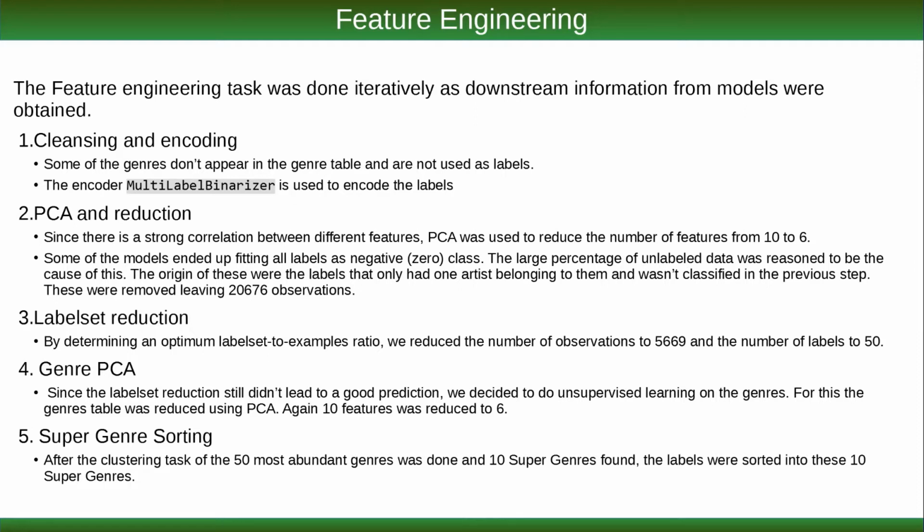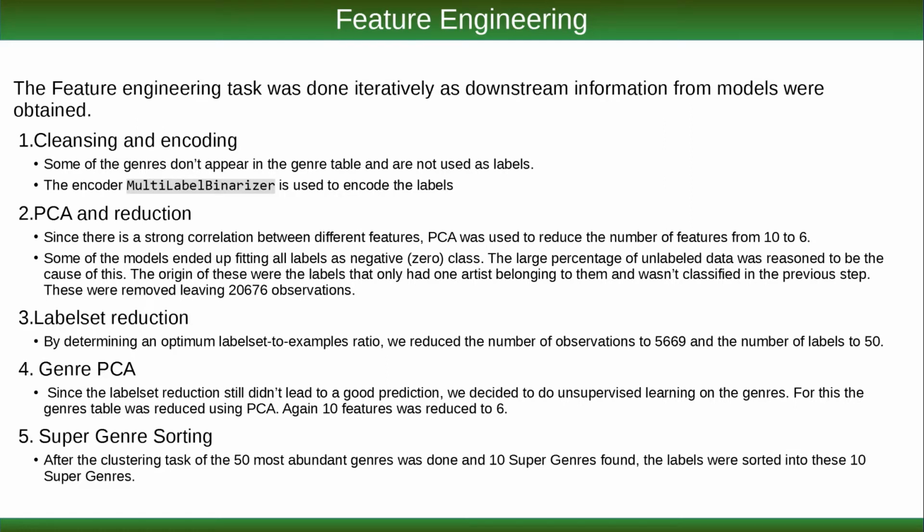Then the second part is using principal component analysis to reduce the features from 10 to 6 and reducing the total table from 30,000 to 20,600 because we can remove a lot of negative information observations that are unlabeled and or labeled to this empty class.